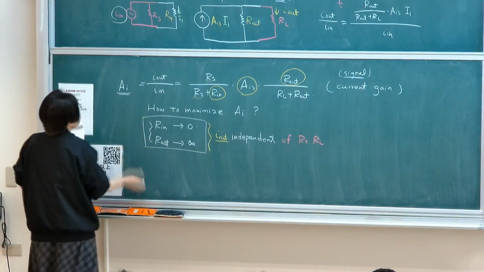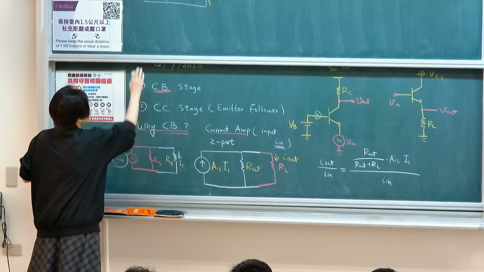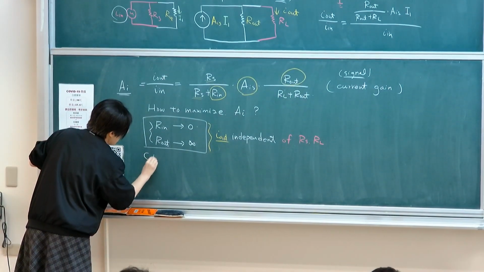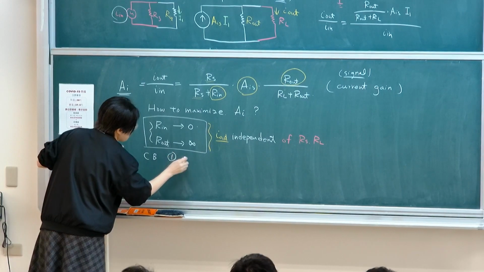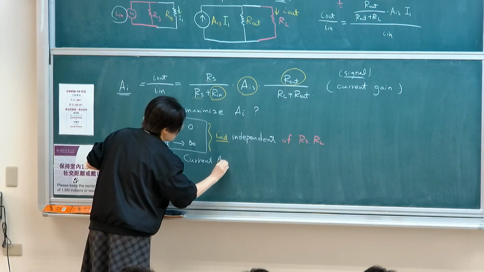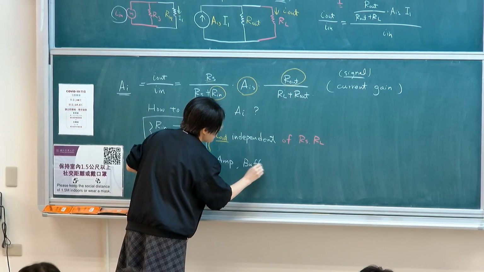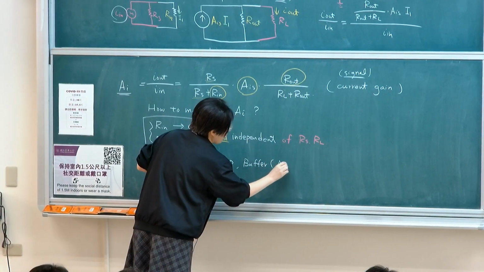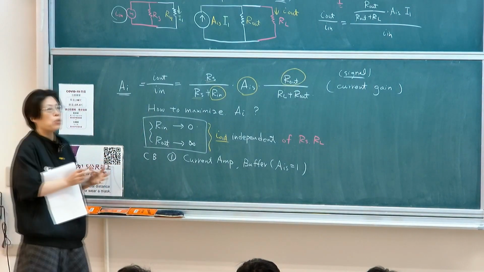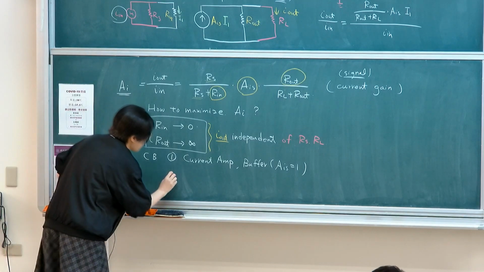So the CB stage you typically use first is for current amplifier. If you're doing current amplification, then this is for amplification. It can also be a buffer. Buffer simply means that my AIS is 1. I don't necessarily need to amplify it, but just deliver it, like an interfacing stage dealing with current.